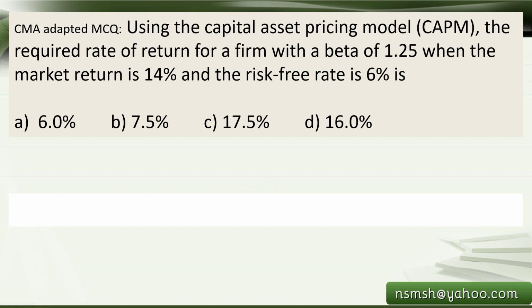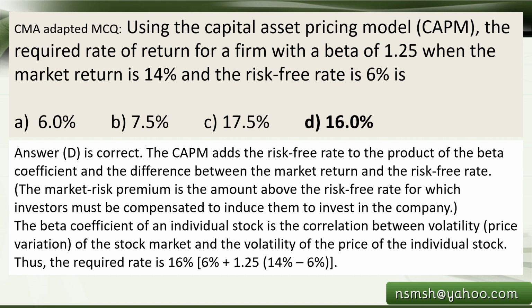Another question: using the capital asset pricing model, what is the required rate of return for a firm with beta of 1.25 when the market return is 14% and the risk-free rate is 6%? We have all the values to calculate with the CAPM formula. So answer D is correct. Why?